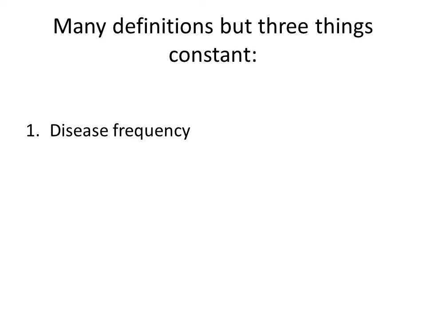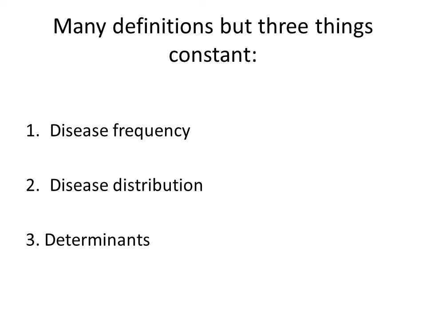These are disease frequency, disease distribution, and disease determinants. We shall explain these in the subsequent slides. Remember that though we have used the word disease, the actual meaning is health-related states or events. Now we shall discuss each of these components in a little more detail.